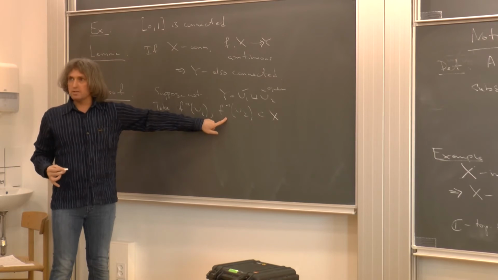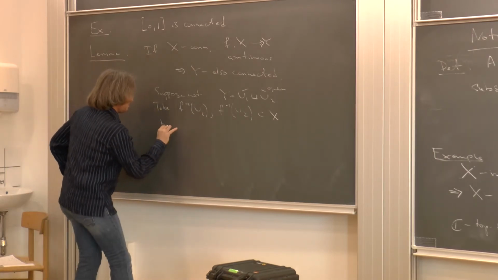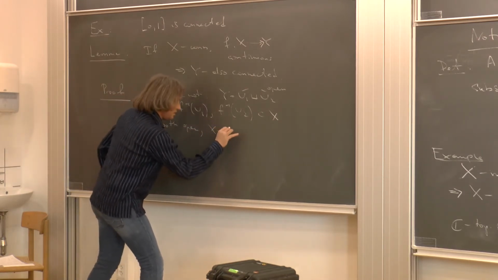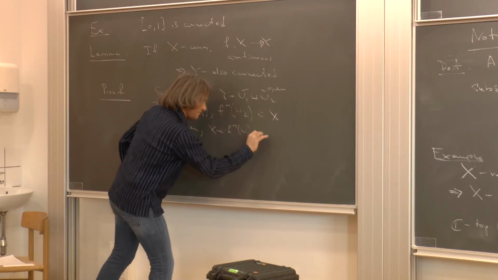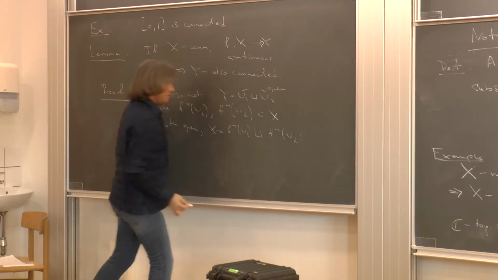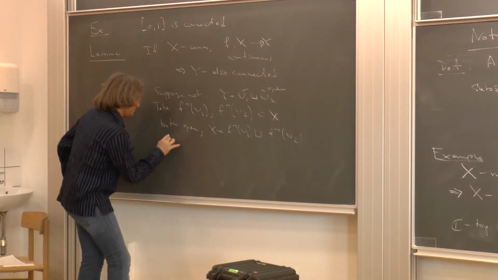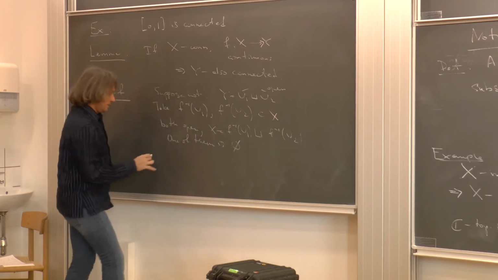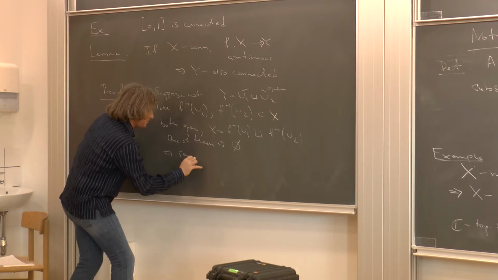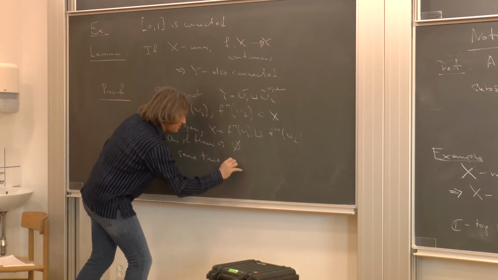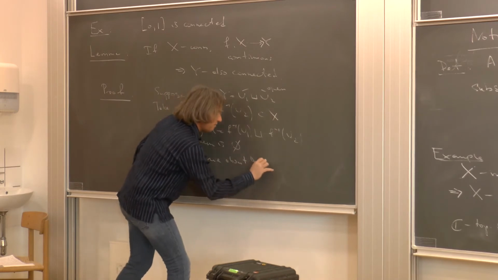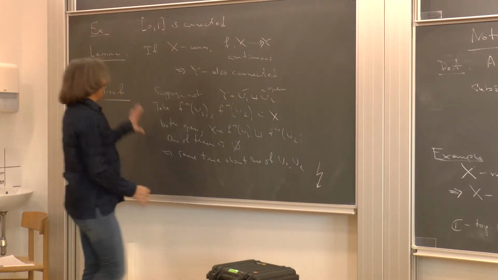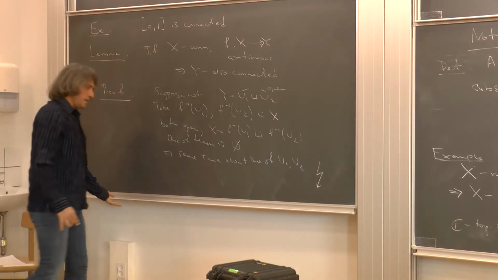They are both open because f is continuous, and X is their disjoint union. Then one of them is empty. But then the same is true about one of U1, U2. And this is a contradiction.